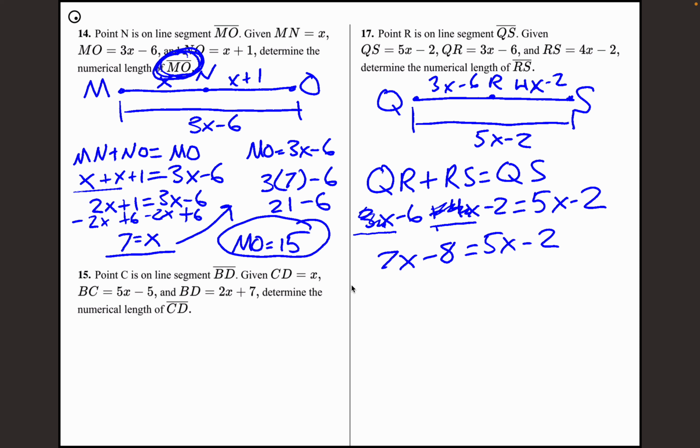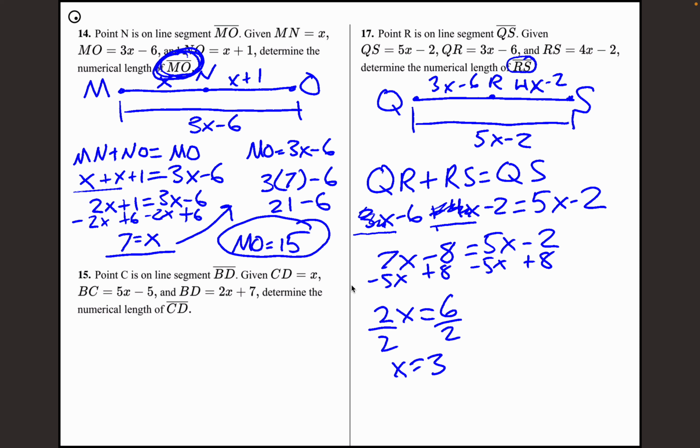Now let's solve from here. Let's add our 8 to the other side, and while we do that, we can subtract our 5x from the left side. That leaves us with 2x equals 6. Divide by 2 on both sides, and we have x equals 3. Is that what it asks us to find? No, it asks us to find RS.